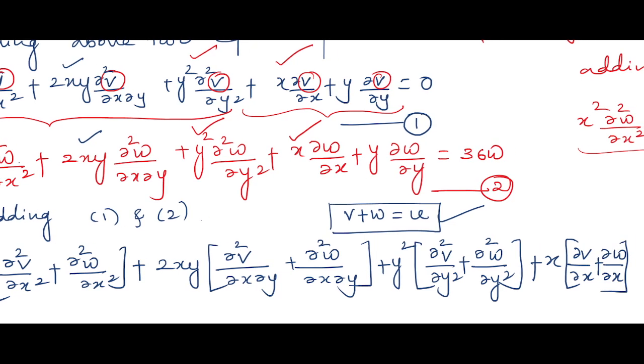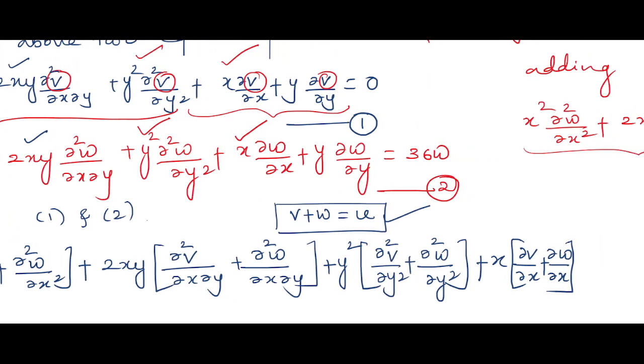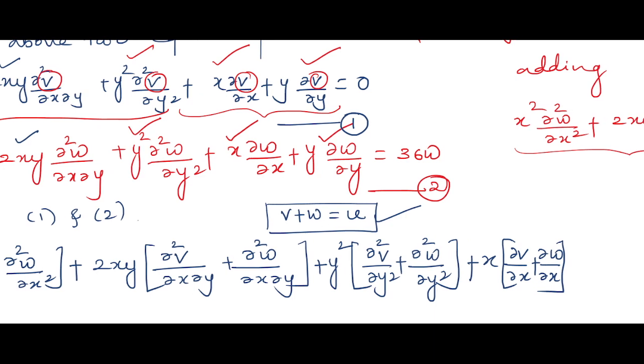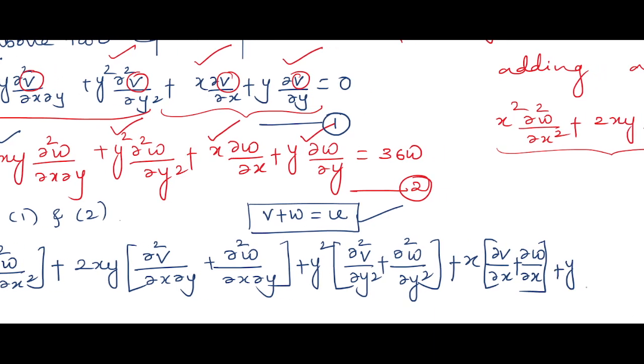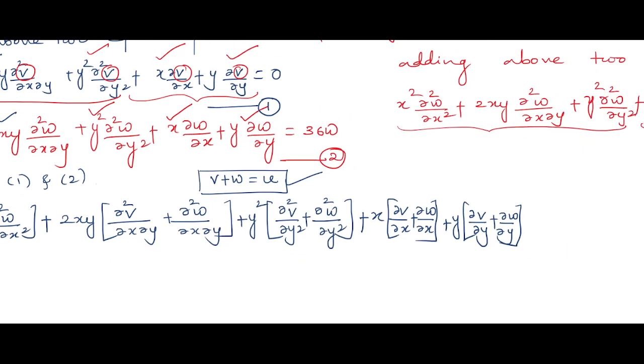Similarly, now the fifth term, that is the last term of equation 1 and the last term of equation 2, we can take y common. y into ∂v/∂y plus ∂w/∂y, which is equal to the right hand side of the first equation, 0, and the right hand side of the second equation, 36w.